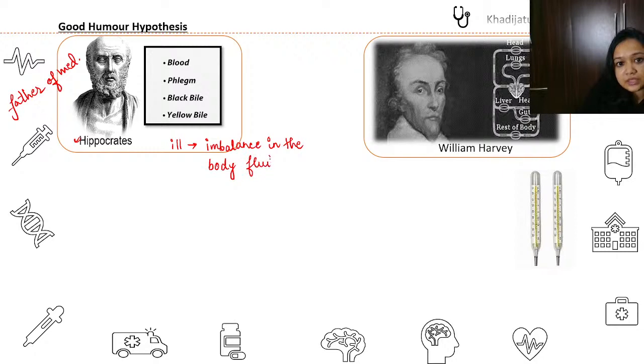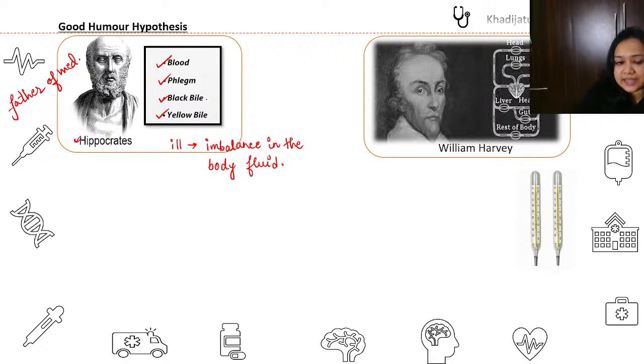Now, when we talk about the body fluid, what comes to our mind? Blood, right? But there are other fluids in our body as well. Apart from blood, we have phlegm. Phlegm is the fluid that comes out when you cough. Then we have black bile and yellow bile.